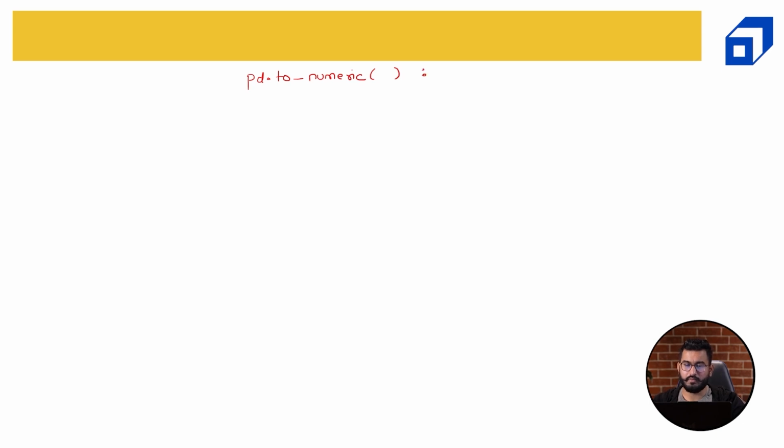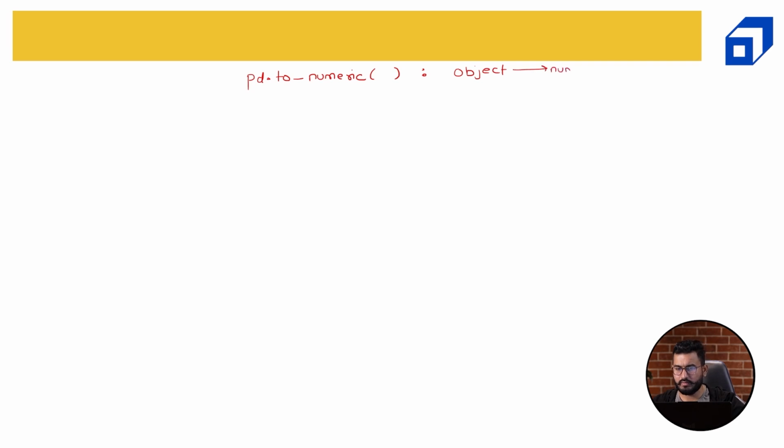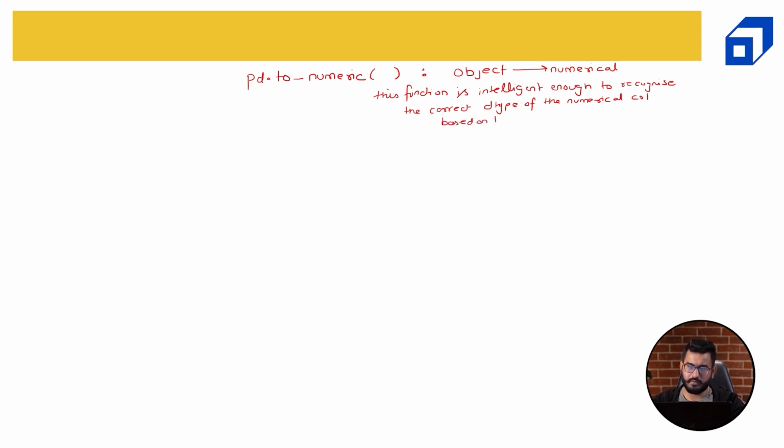The objective of this function is to convert an object column into a numerical column, and this function is intelligent enough to recognize the correct data type of the numerical column based on the content of the column.